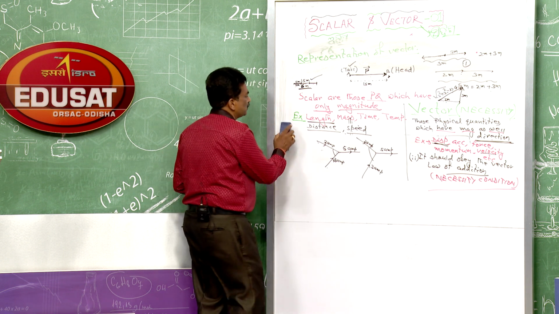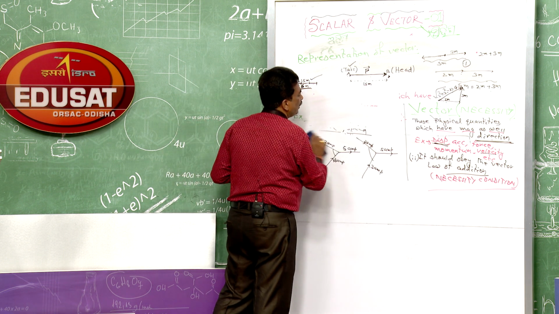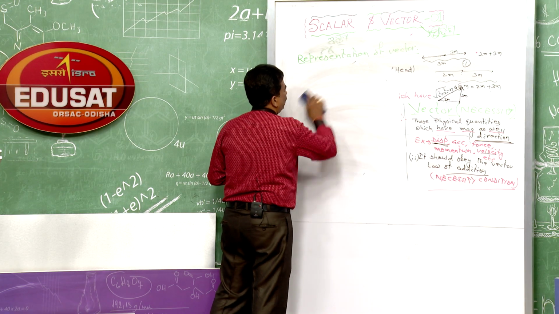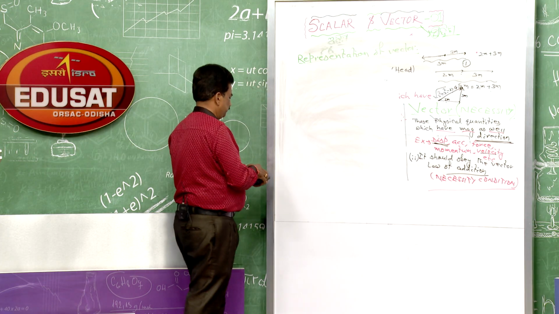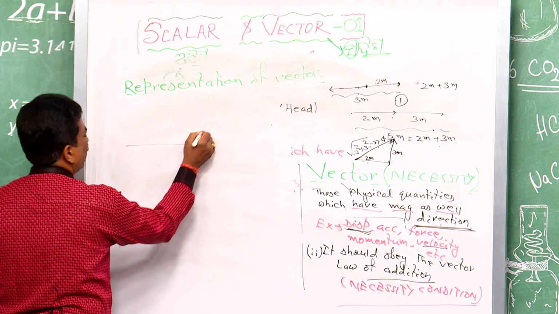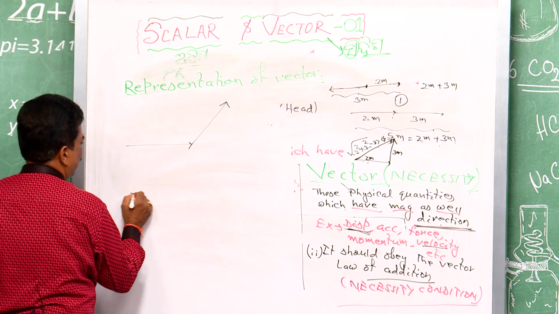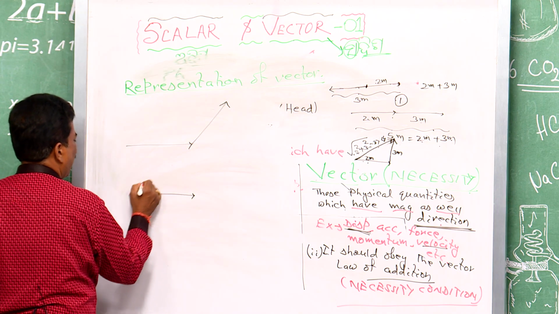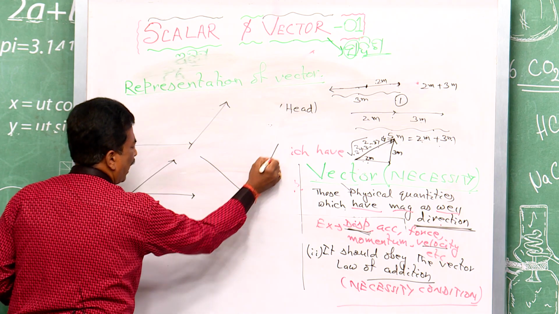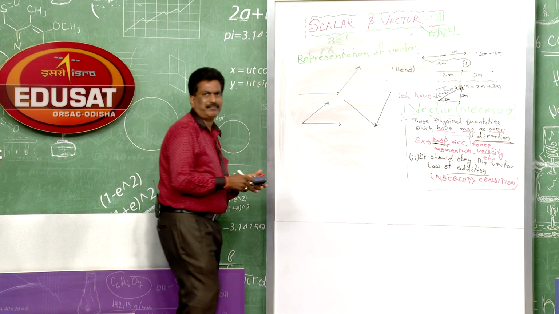Now the question comes, what is the angle between vectors? How will we determine the angle between vectors? Suppose this is a vector and this is a vector.